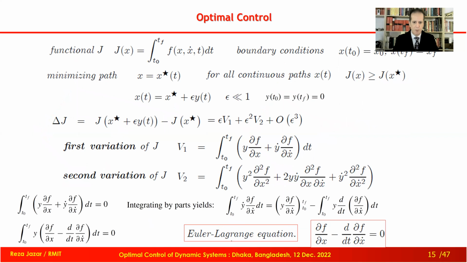One more time, some mathematics here. Optimal control is generally a part of calculus of variation. And you know that calculus of variation is a new branch of mathematics that Euler, the Swiss scientist, made around 1700.